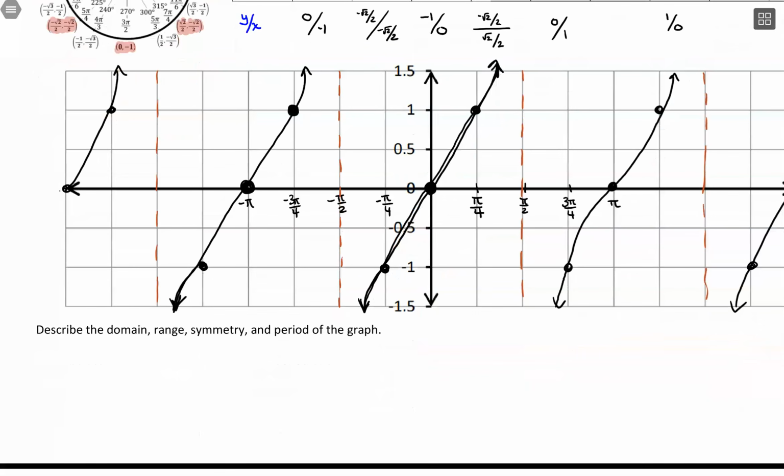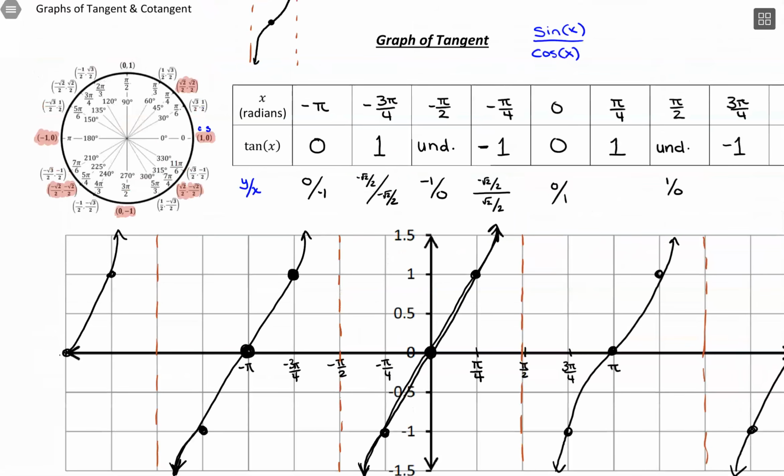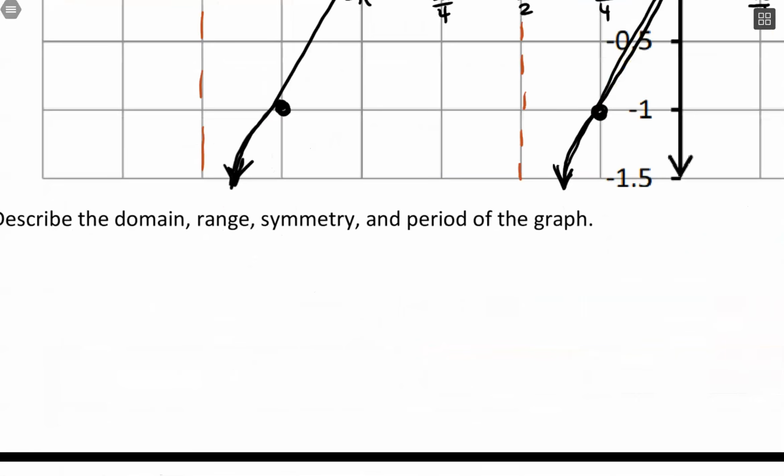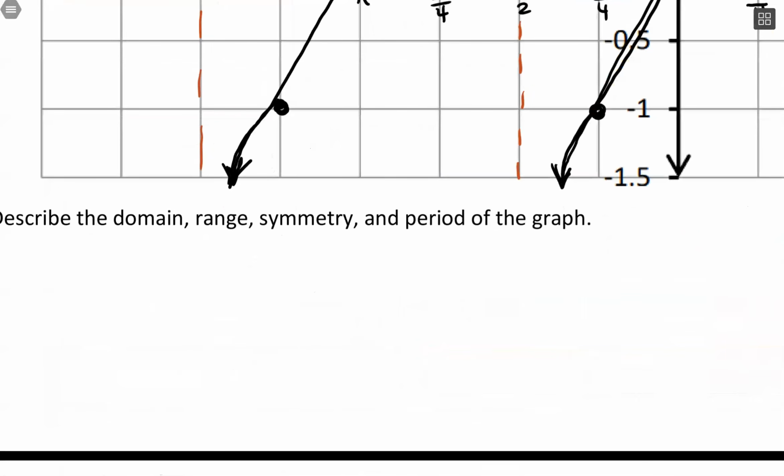All right, let's talk about the domain, because we're going to have limitations for what we can plug into tangent. We see these spots where we're undefined. So I'm going to introduce you to, or maybe you've seen this before but it's been a while, notation for the domain. We're going to use set notation for the domain here because we have a set of values that's allowed.